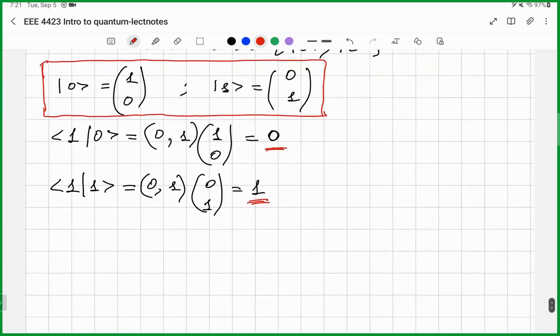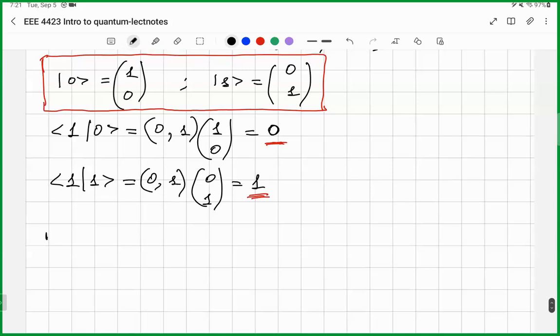For example, a vector would be as simple as just the superposition of these two basis vectors. Why not?